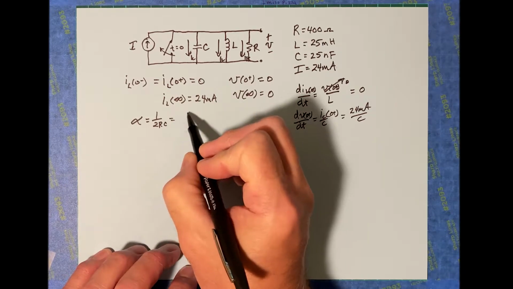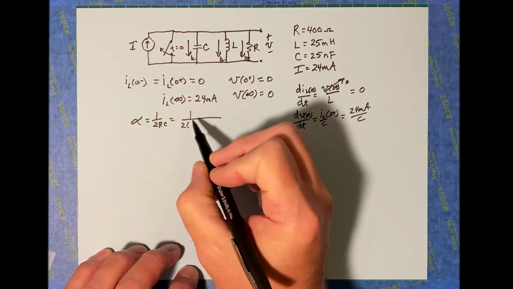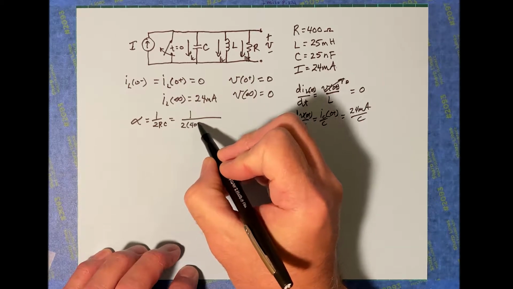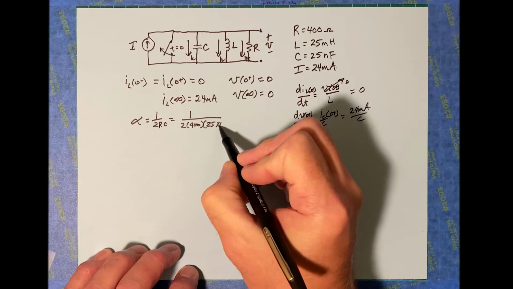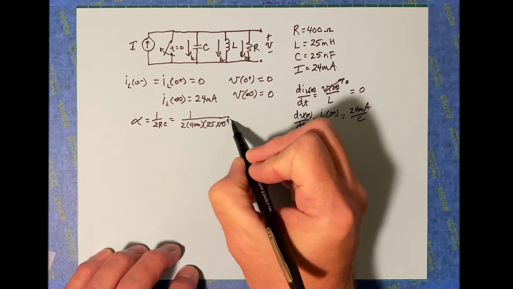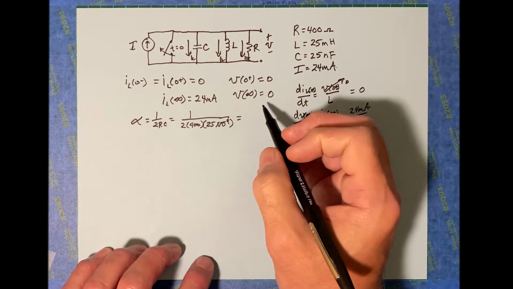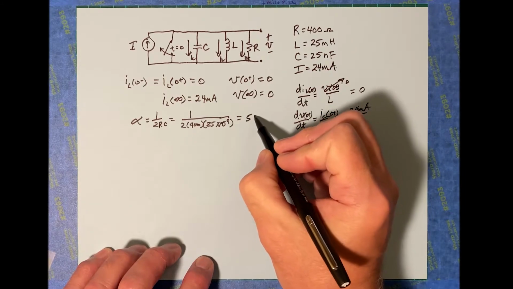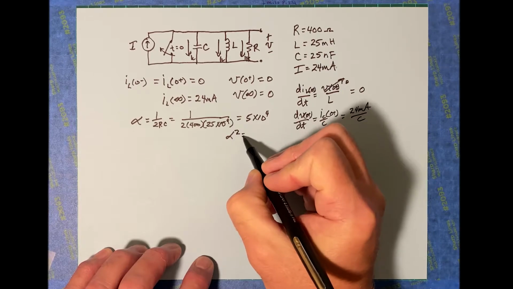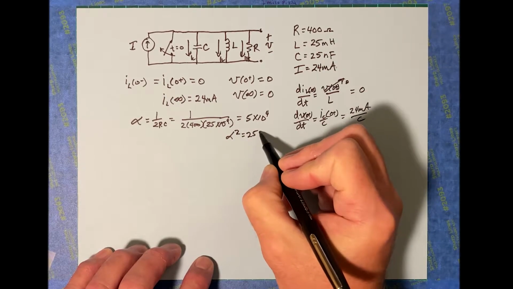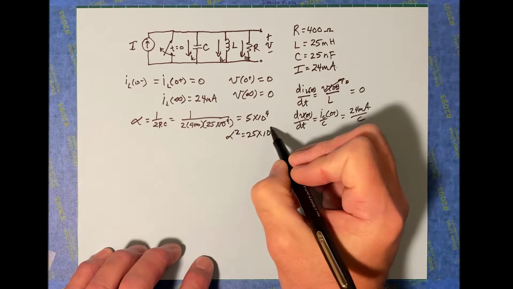So that's going to be 1 over 2 times 400 times 25 times 10 to the negative 9th. And that turns out to be 5 times 10 to the 4th, which makes alpha squared 25 times 10 to the 8th.